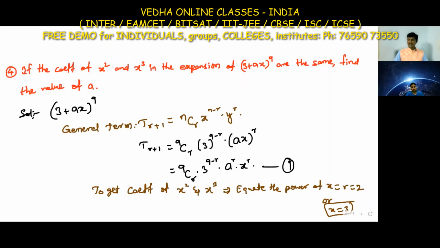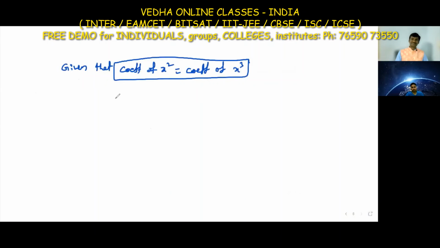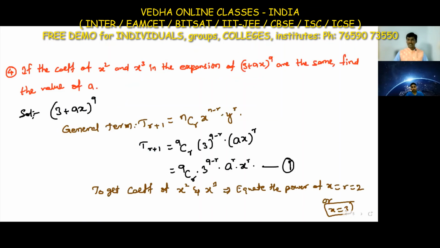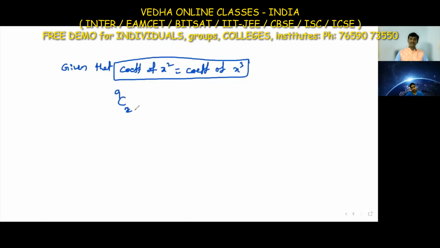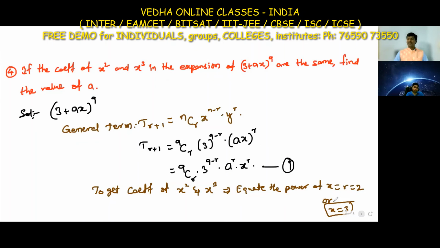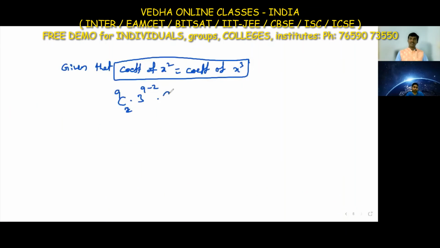So that is nothing but 9Cr. 9C2, r is equal to 2. I am substituting 3 power 9 minus r, 3 to the power 9 minus 2 into a to the power r into x power r, a to the power 2 into x to the power 2.